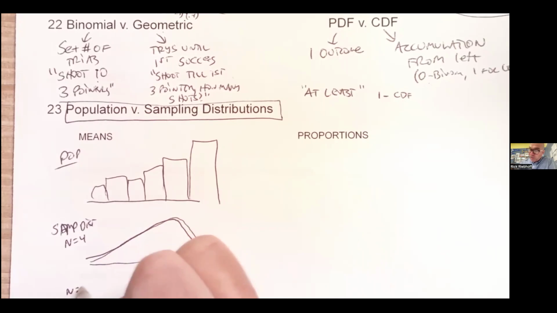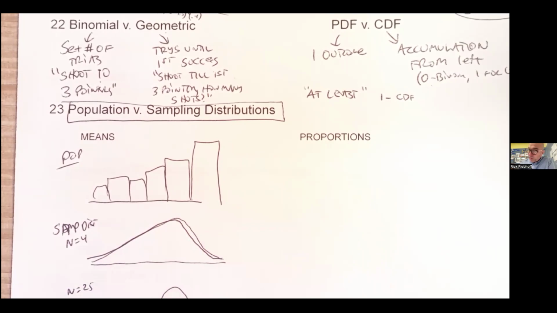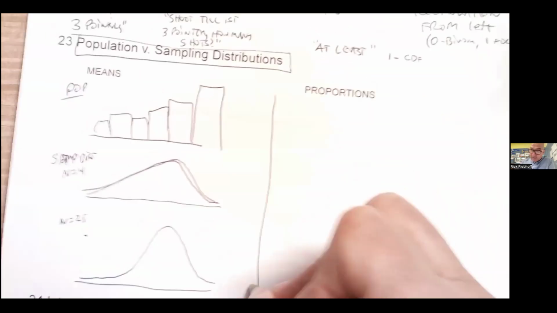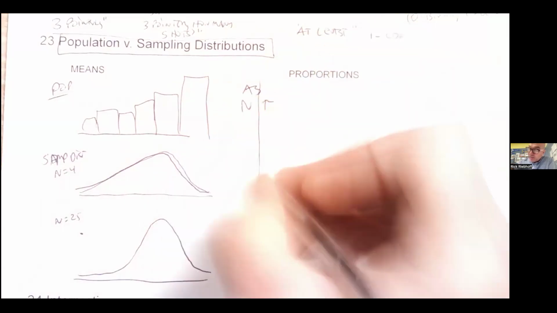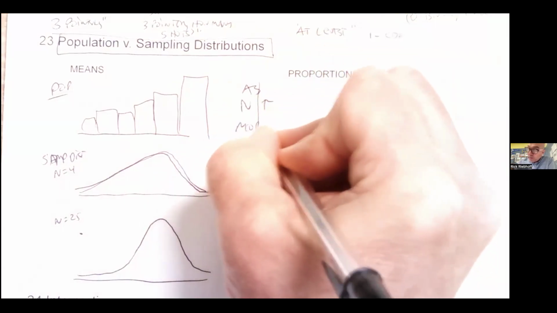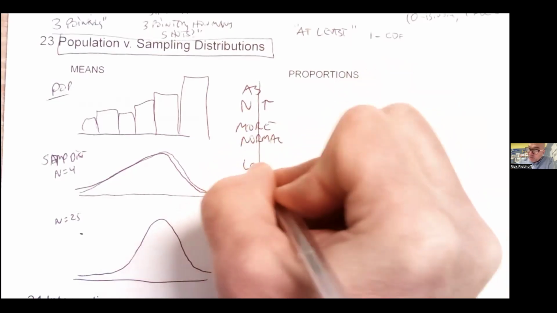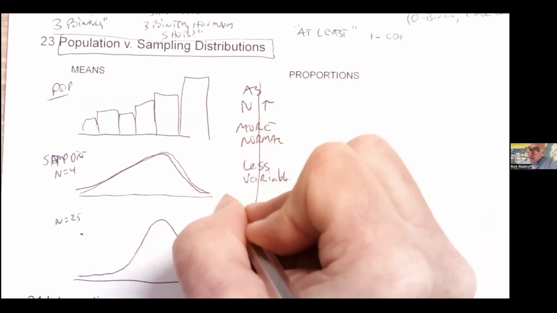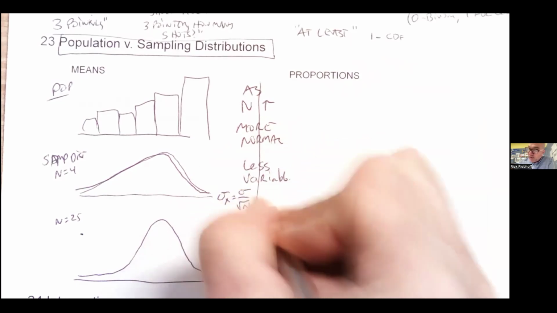My sampling distribution at like n equals 25 is going to start getting fairly normal. It might have a little bit of skew still left in it, but it's starting to get more and more normal. So as sample size gets bigger, as n increases, we become more normally distributed, less variable. My standard deviation is the standard deviation divided by the square root of n.